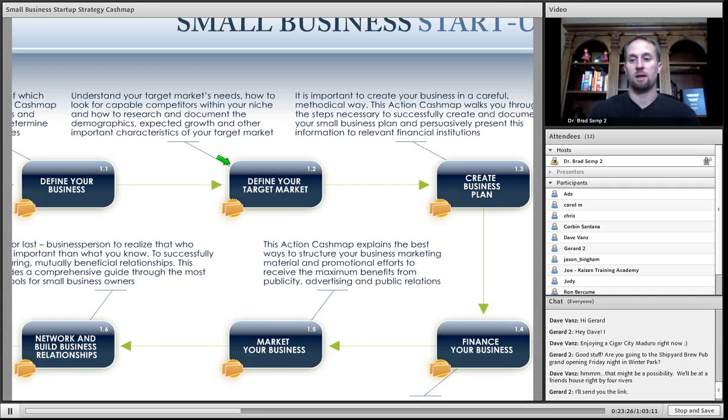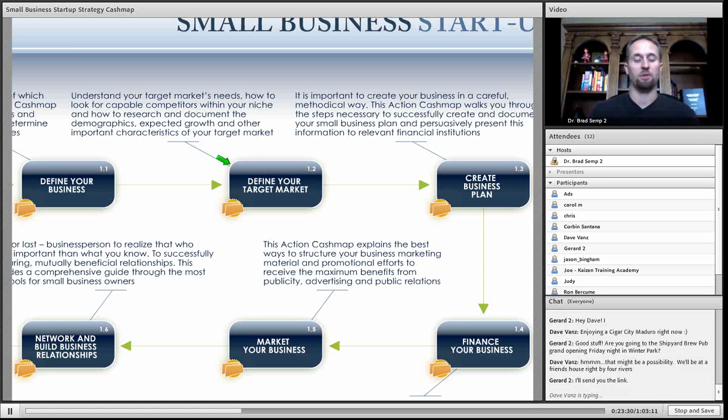One little tip is build that avatar on a piece of construction paper. Put it on your wall next to your desk or in your office, so that you can keep adding to it, keep defining it, and really ingrain that in your mind. This is the people that we're after. So all right, that's 1.2, defining your target market.